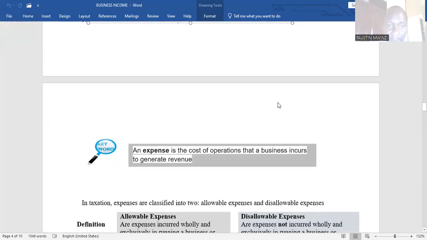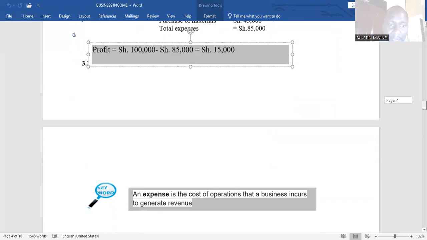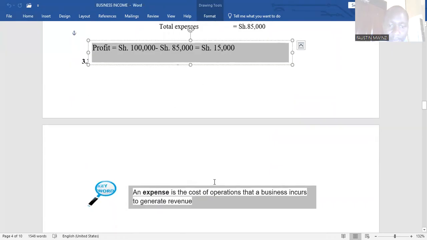Any income statement has two items. It has incomes and it has expenses. We know that, and we know that profit is the difference between the two.